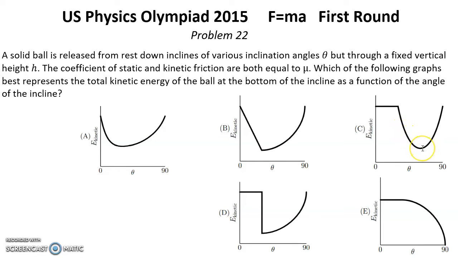And after we reach the minimum, the loss of energy starts to decrease and finally goes to 0. It means that here we are not losing energy. But on graph D, we start to lose a lot of energy just after the critical angle, which is not true. So the most possible diagram is C.